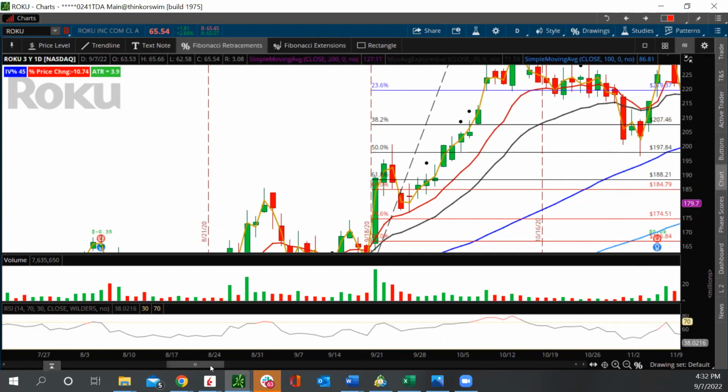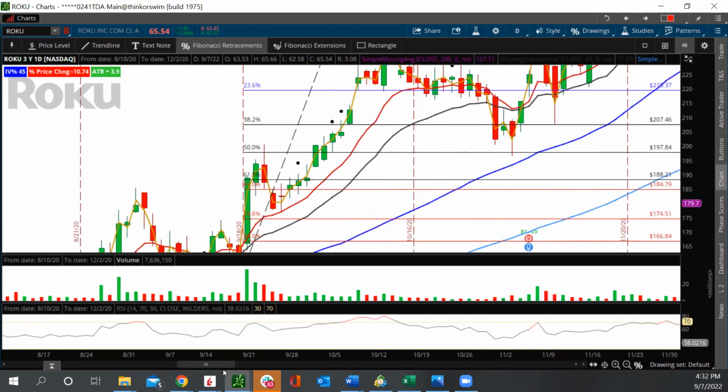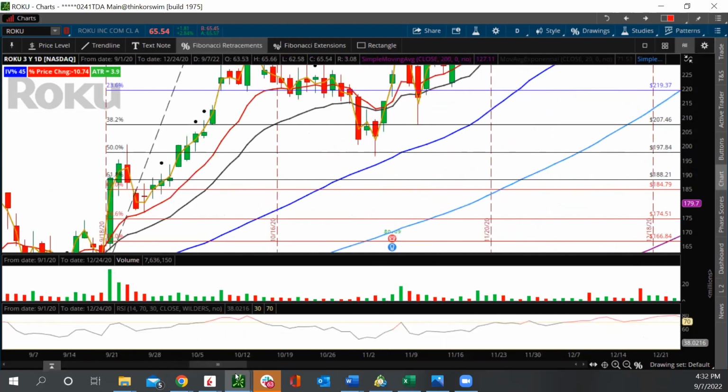Now, let's look at this level here. So RSI, overbought, oversold. Is everyone here familiar with RSI? Give me a 1 if you're familiar. I know a bunch of you are.